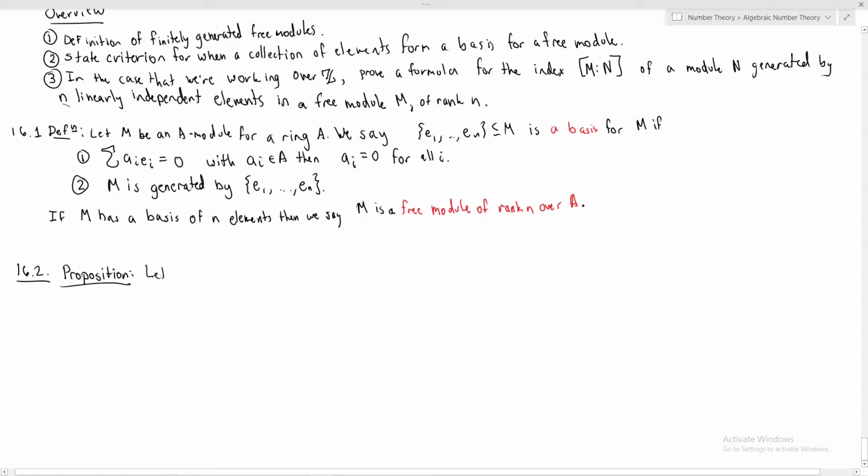So I'm going to let M be an A module, let's say with basis, or sorry, I actually want to state this as an if and only if. So let M be an A module, and let's say I have a set of elements here, and I'm wondering, is this a basis? Well, this collection is a basis if and only if the following map is an isomorphism.